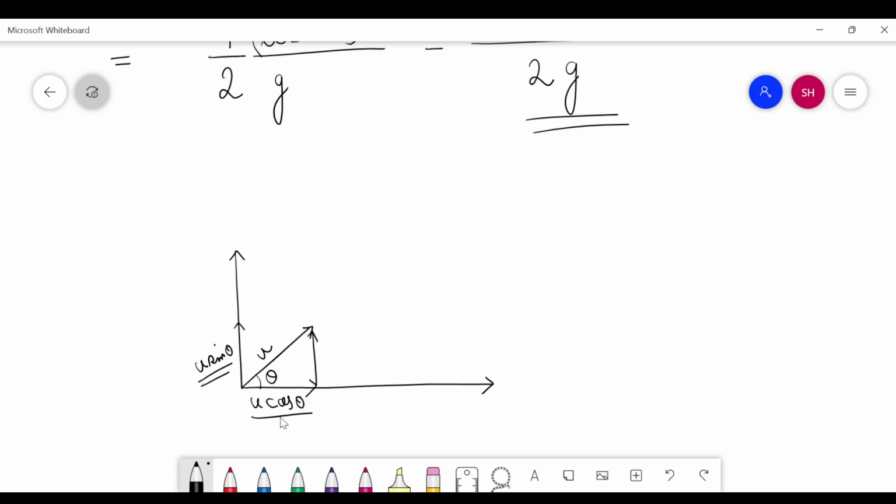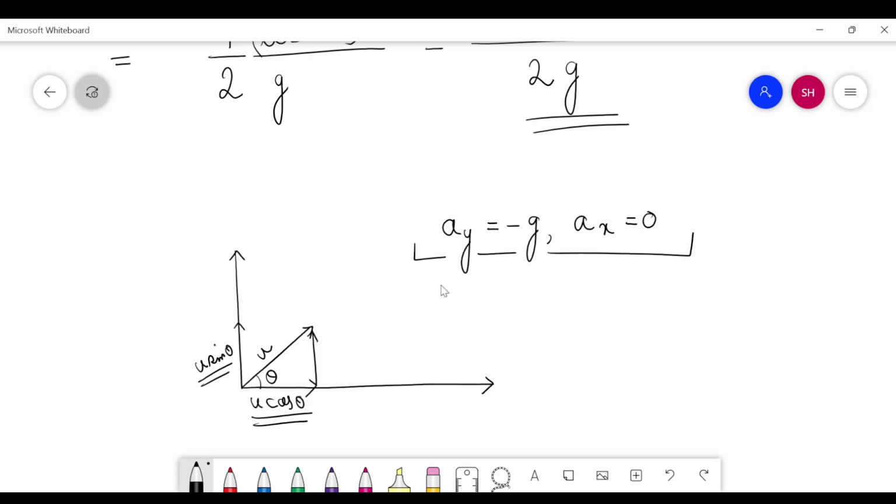We have separated the movement in the x direction and the movement in the y direction. From those we came to a realization that acceleration in the y direction is equal to minus g, because gravity is pulling in the downward direction. Acceleration in the x direction is equal to 0, because no force is being applied here, it is just going uniformly in the x direction.